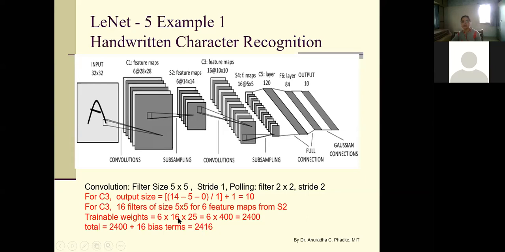That's why the term 16 into 5 by 5 has to be multiplied by 6. This is very important. And that's why for convolution layer 3, there is a huge number of trainable parameters, indicated here as 2416.